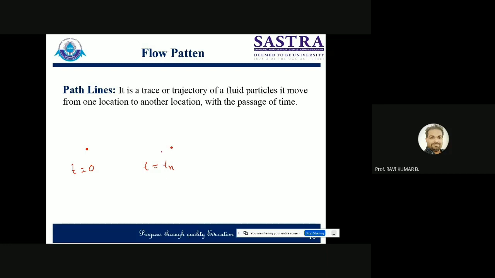So we define two kinds of flow. When it's moving, we can say this is laminar flow, or we can say this is turbulent flow. If it is laminar flow, what will happen? All fluid layers will be moving along a well-defined path. If this particle starts moving, it will travel either horizontally like this, or at some inclined location, depending on the orientation of the pipe or the surface over which flow is taking place.